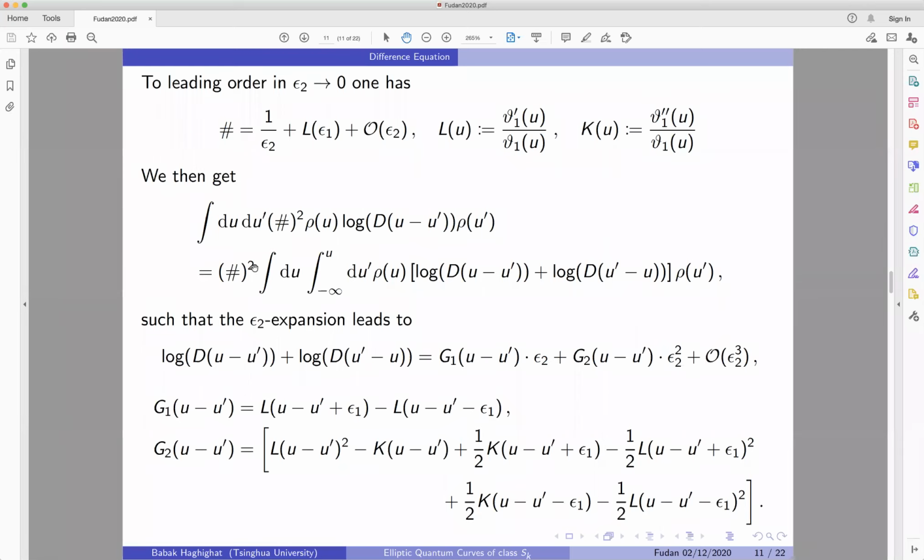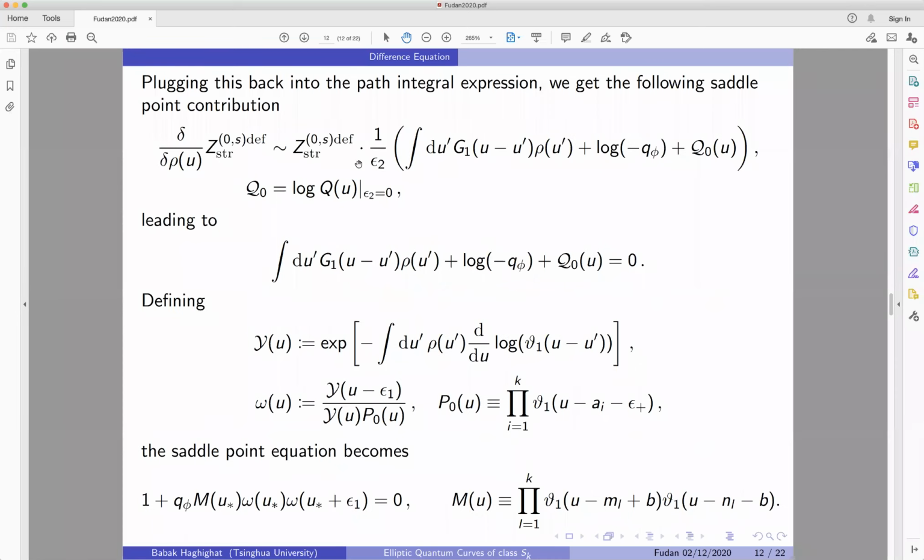Since epsilon 2 is going to 0, we can argue that we can do a saddle point approximation. This is, if you want, the weak coupling limit. So all these other terms you can neglect. Of course, we're going to collect so many epsilon 2 contributions such that overall we have 1 over epsilon 2 in front. And what you get is then this kind of a picture.